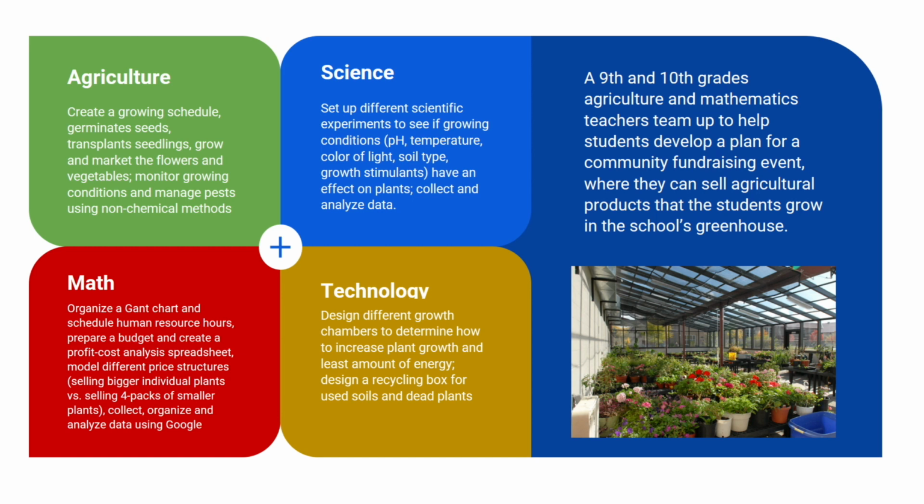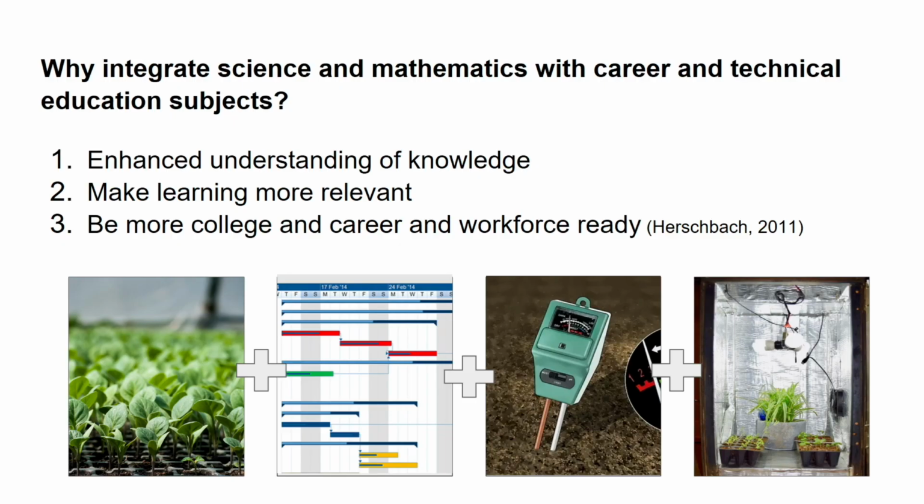In this scenario, we are trying to integrate science and mathematics with career and technical education subjects, and we can see there are 3 advantages here. So one is enhanced understanding of knowledge and making learning more relevant and more college, career and work ready.